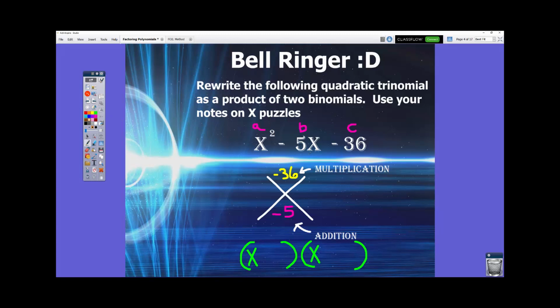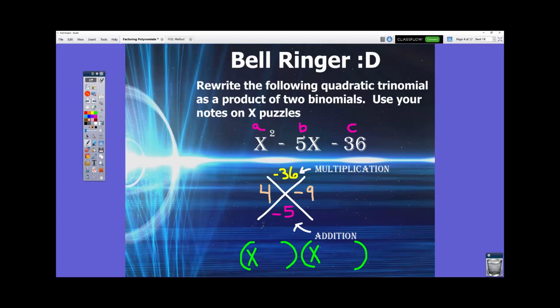So the two numbers that we are looking for, -9 and +4. -9 times +4 gives you -36, and -9 plus 4 gives you -5.